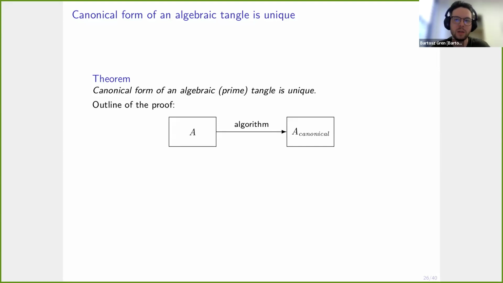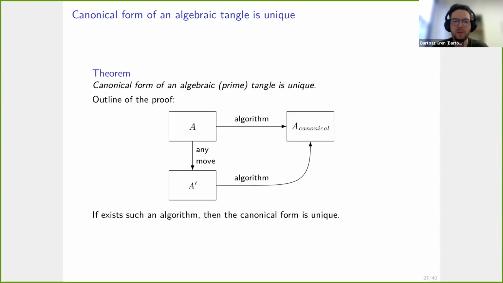So the outline of our proof is that there is an algorithm which transforms a tangle into canonical representation.